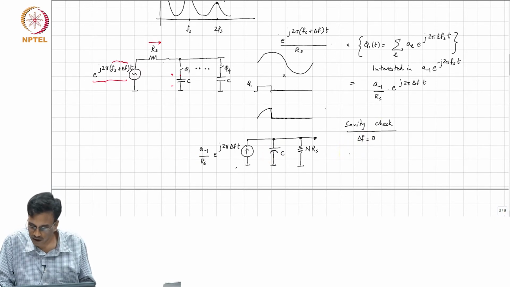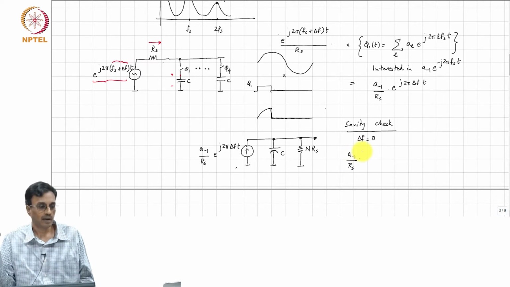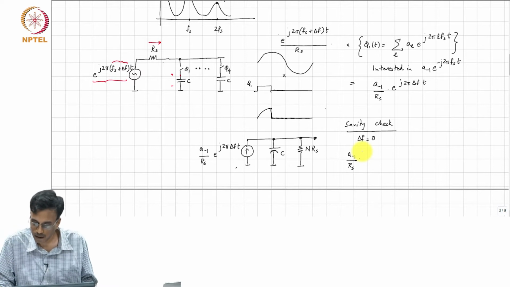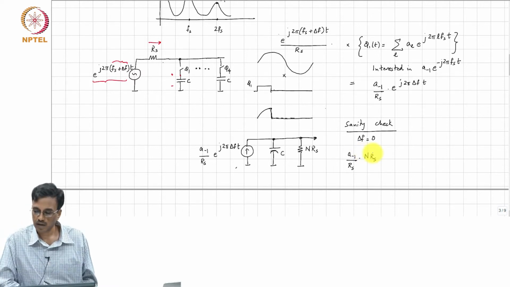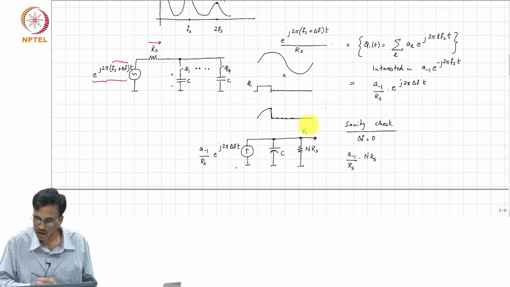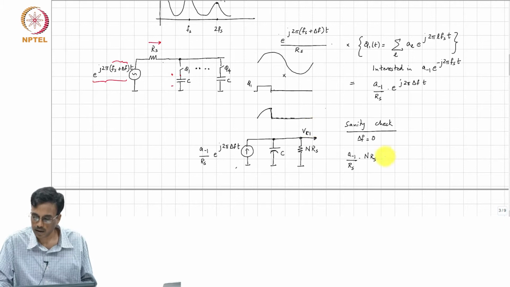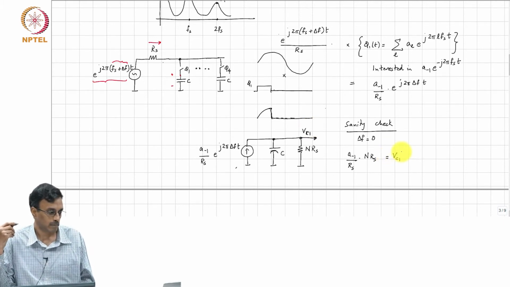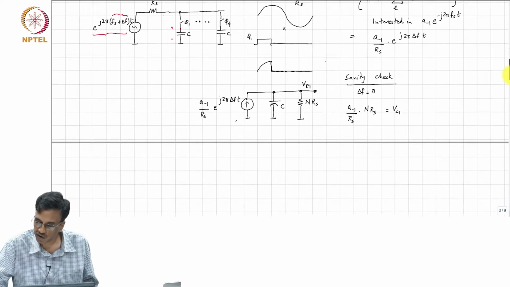A minus 1 by Rs times nRs is the voltage across the capacitor, let me call that Vc1. Okay. And what is A minus 1?